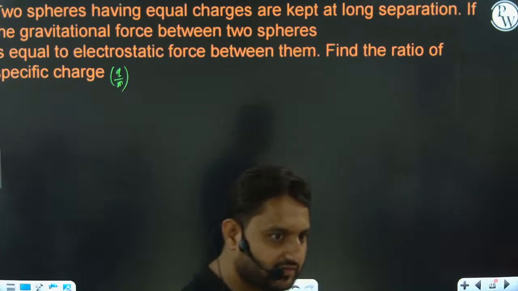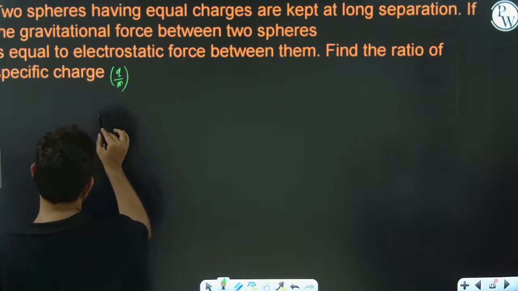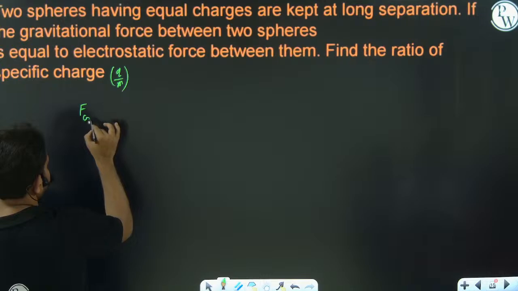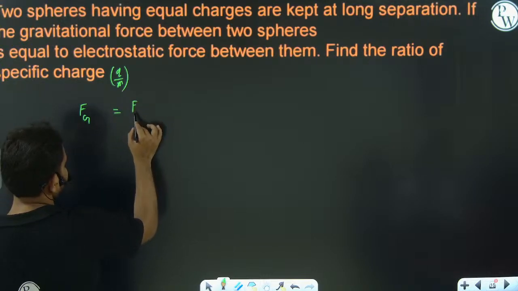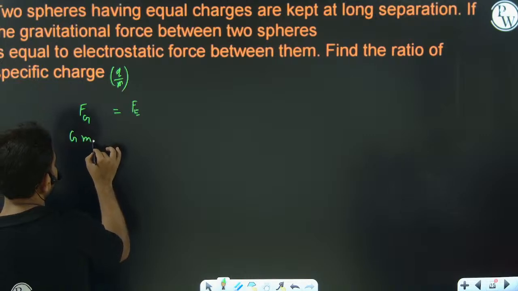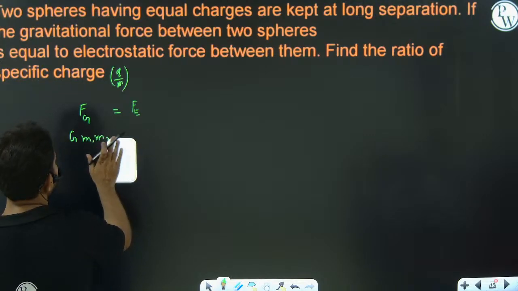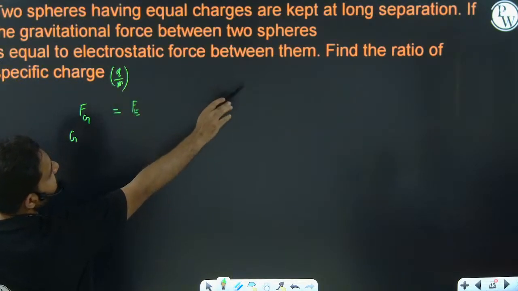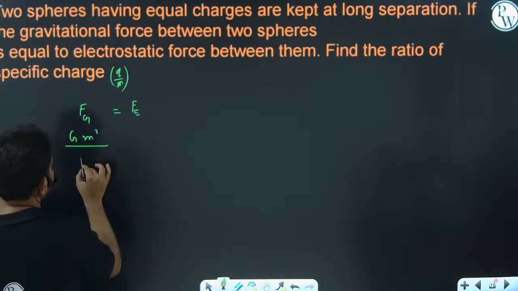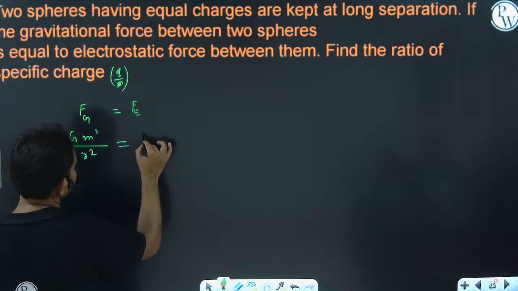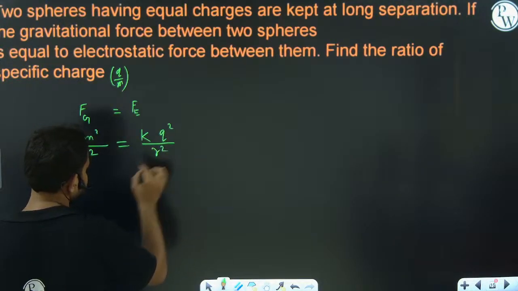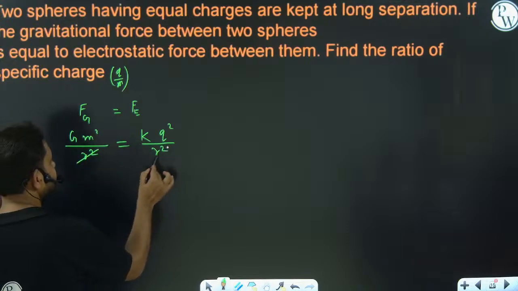Can we calculate? We just write that gravitational force is F_G, and electrostatic force is F_E. Gravitational force is G M1 M2, or since the bodies have the same mass and equal charges, G M squared divided by R squared, is equal to K Q squared upon R squared. R squared cancels R squared.